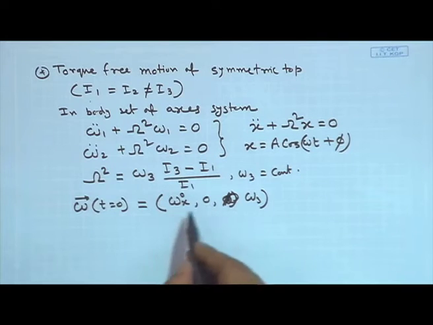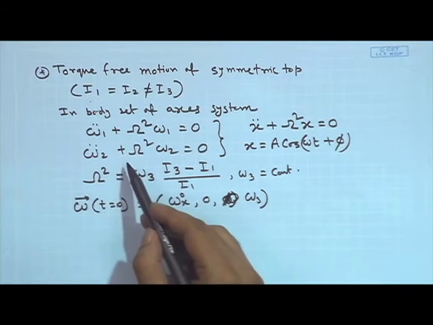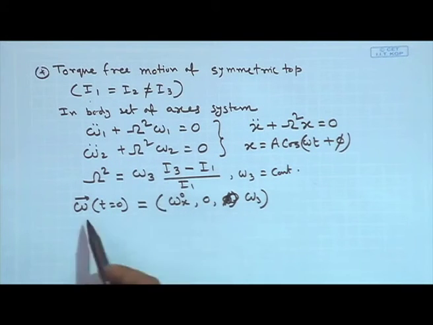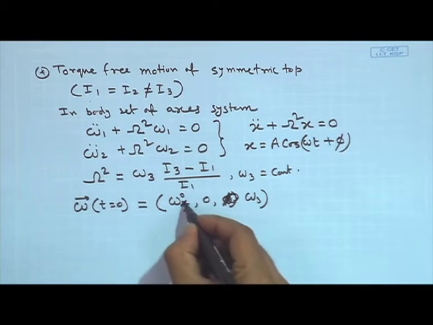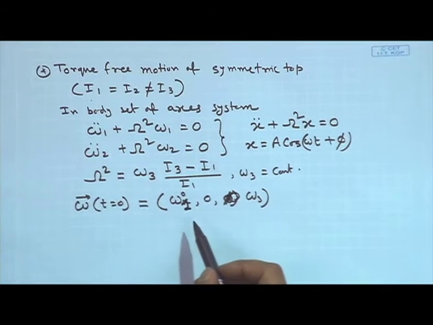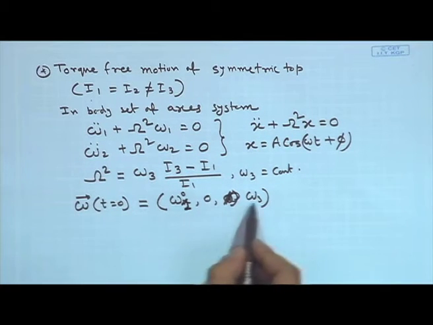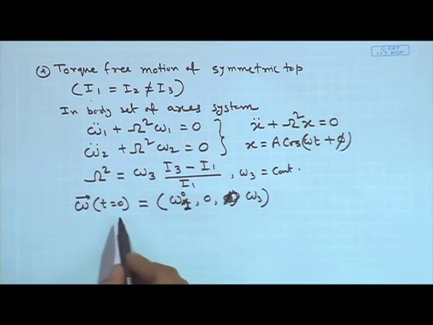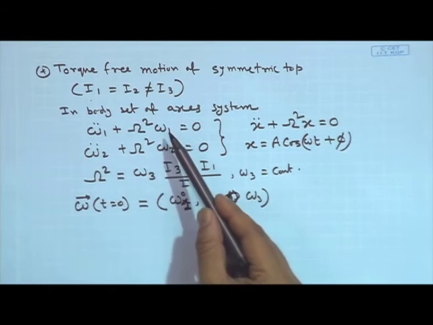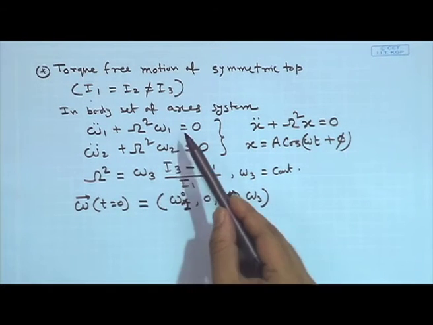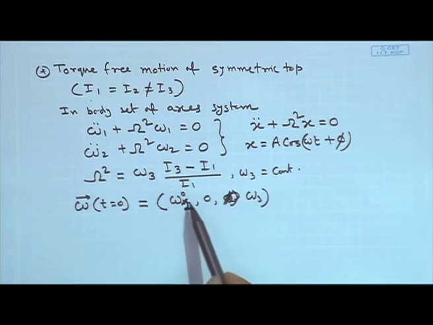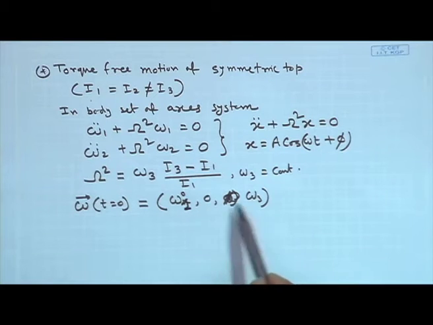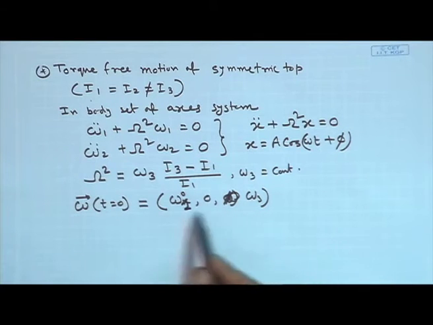Between omega 1 and omega 2, at t equal to 0, omega 2 was 0, and omega 1 is the same thing actually. So, if you set this initial condition, that means between your first and second component of angular velocity at time t equal to 0, only the first component exists, the second component is equal to 0. You can set that. I will give you a physical interpretation of this very soon.